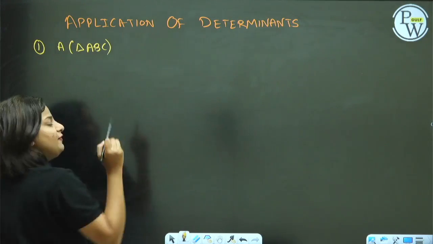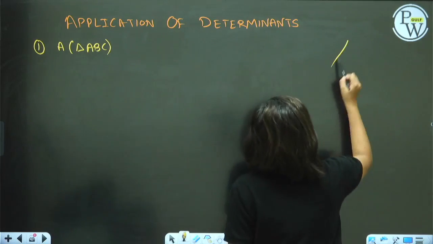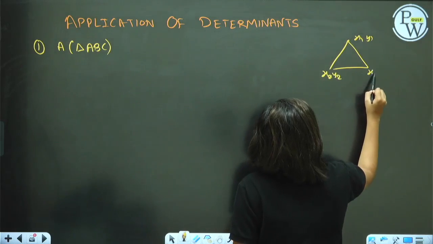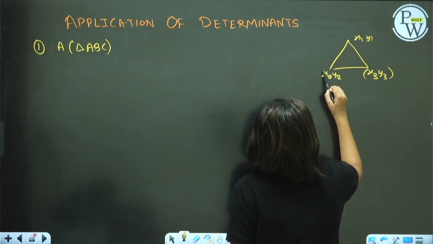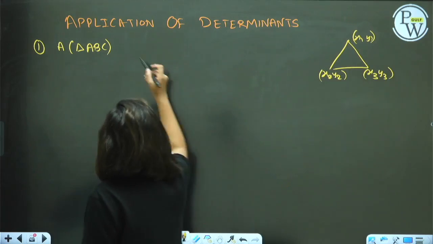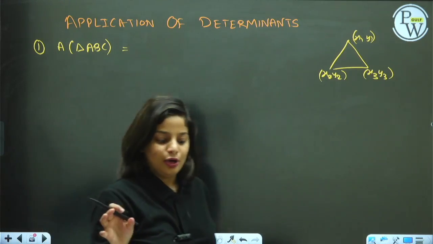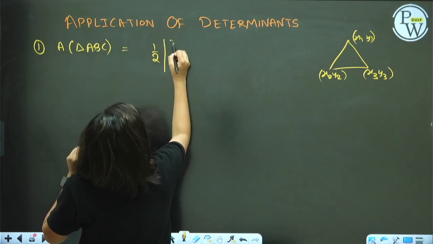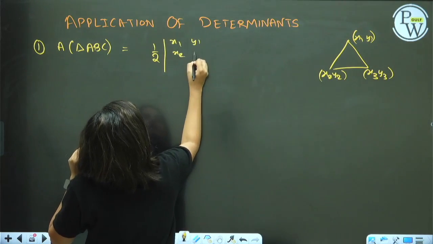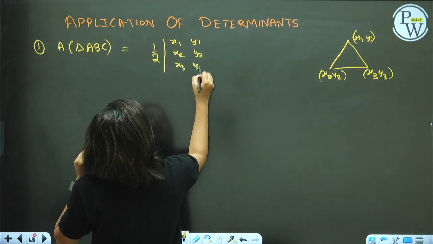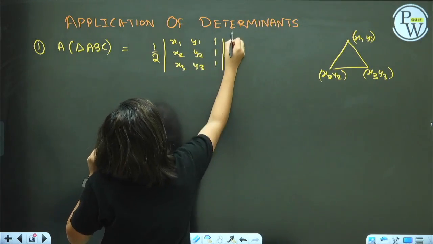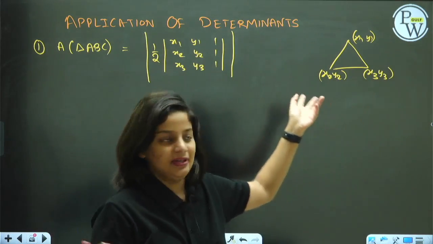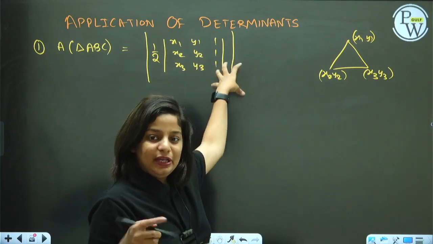If all three vertices of the triangle are given, say x1, y1, x2, y2, x3, y3, then you don't have to use Heron's formula or some other formula. We can directly find half times the determinant x1, y1, 1, x2, y2, 1, x3, y3, 1, put in a mod because area can't be negative. So that's an application of determinant.